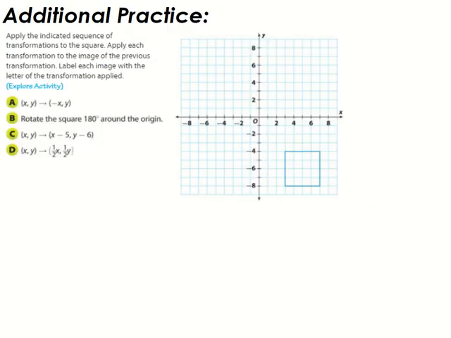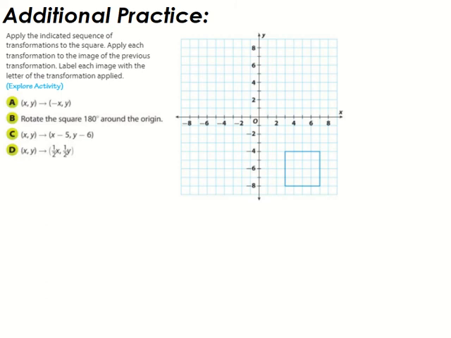Okay, so this additional practice is a little different. It's going to actually have us practice applying sequences. So it's going to give us them, and we need to see if we can do it. It says apply the indicated sequence of transformations to the square. Apply each transformation to the image of the previous transformation. So just like the ones we've been doing, we don't go back to the first one.